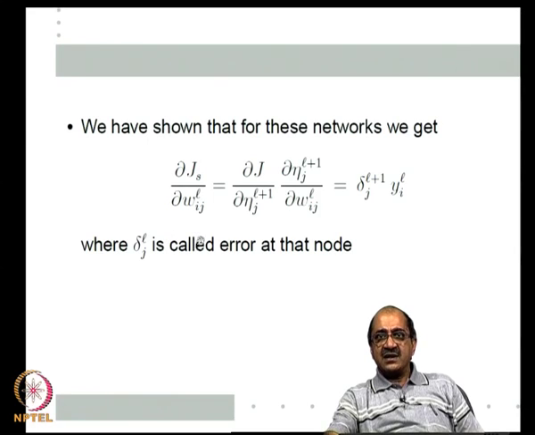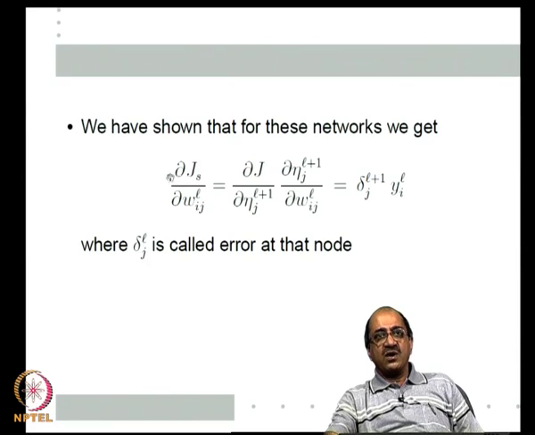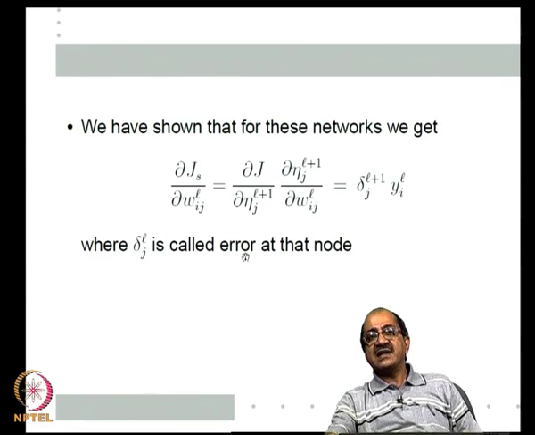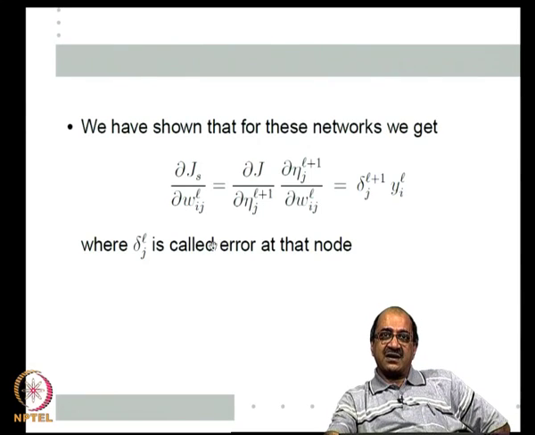Wijl is a weight connecting into the jth node in layer L plus 1, so it can affect the total input only into that node. So, the chain rule of partial differentiation tells me that this derivative can be written like this.